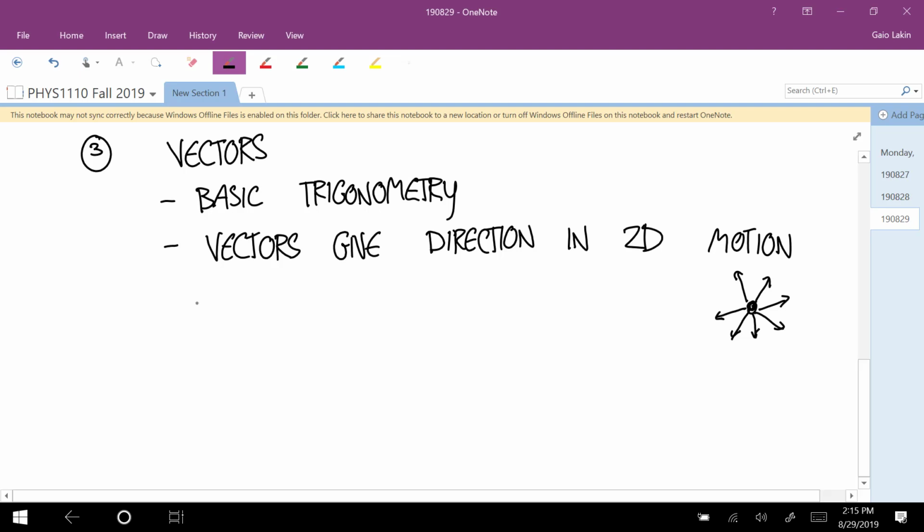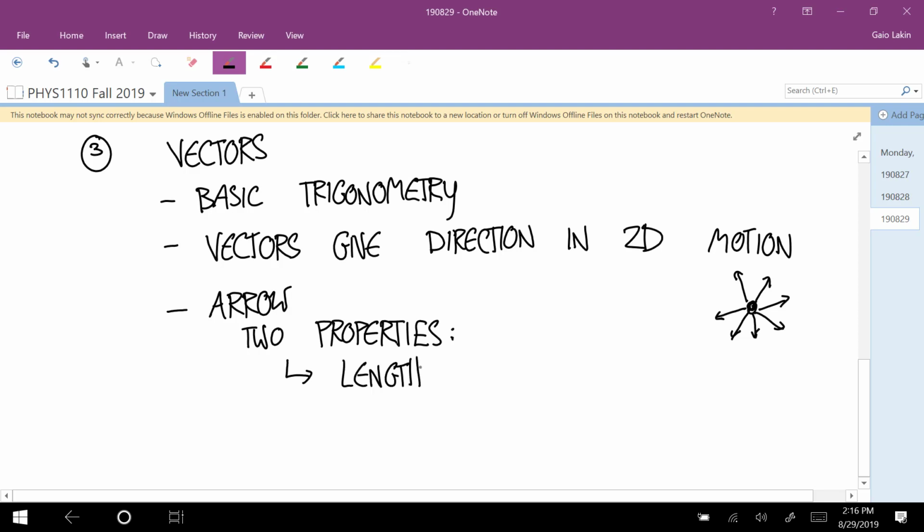You can think of a vector as an arrow, and it has two properties. It has a length and a direction.